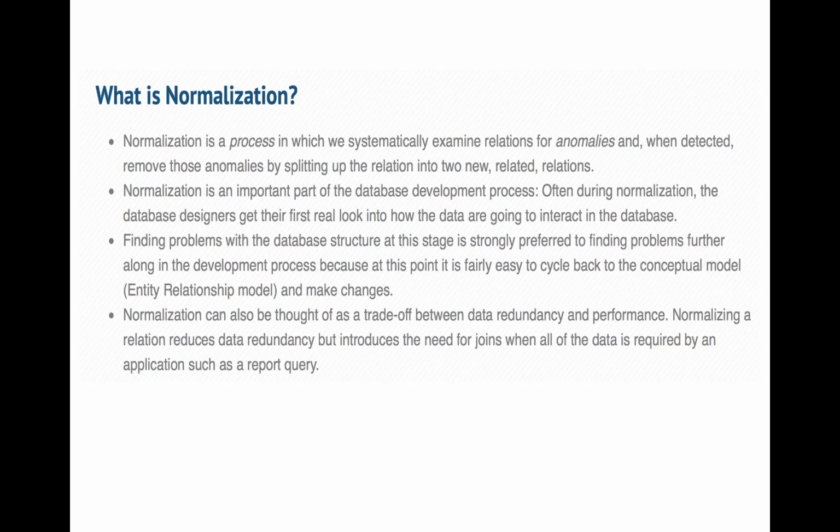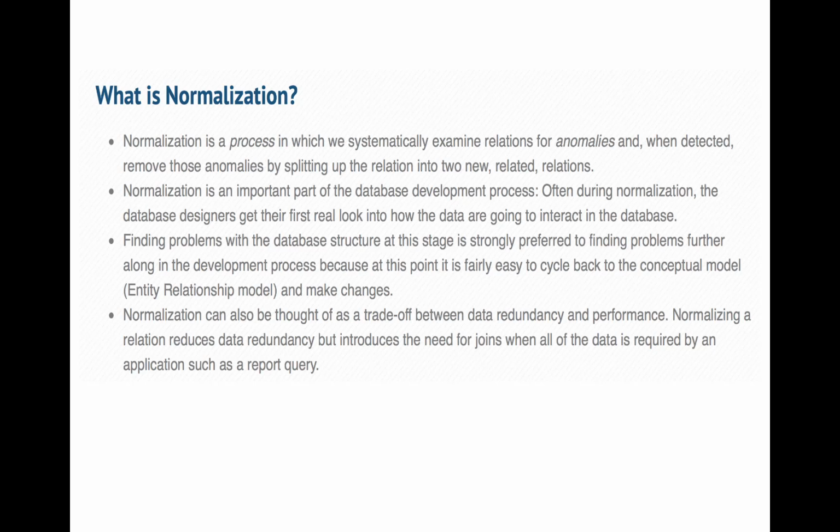Alright, so what is normalization? Normalization is a process in which we examine relations for anomalies. So I want to detect any problems in your databases, any anomalies, by splitting one table into more tables. Of course, we know that it's costly to have more tables, but if there are anomalies, you should actually split your relation into more relations.